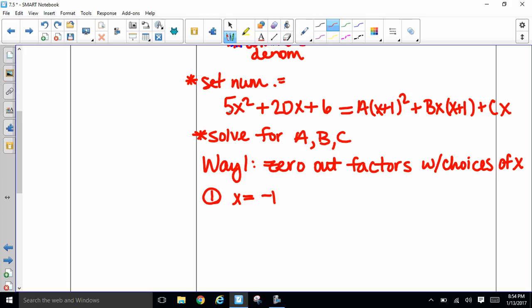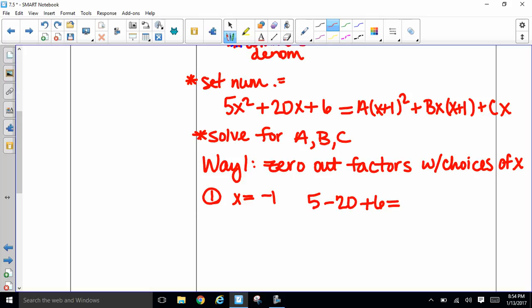That would turn my equation, if x is -1, into 5, well, -1 squared is still 1, minus 20, because 20 times -1 would be -20, plus 6 equals, well, it would zero out the whole A term because you would zero out that factor.